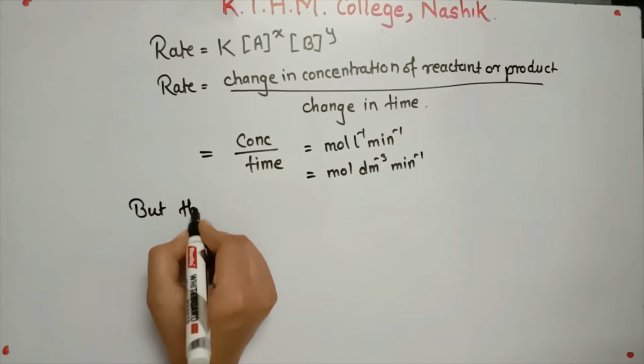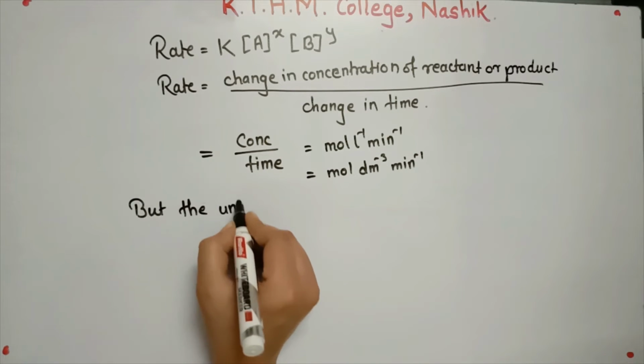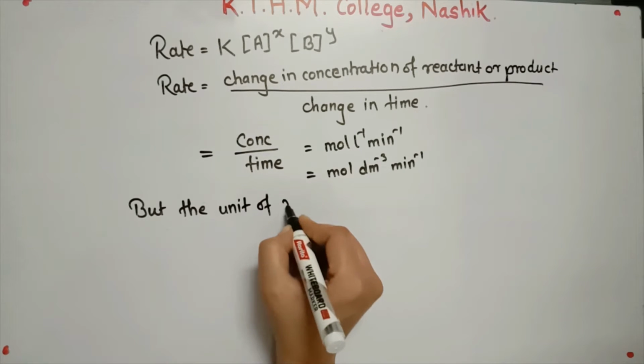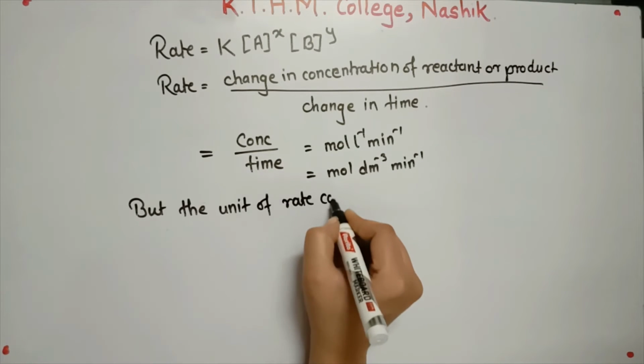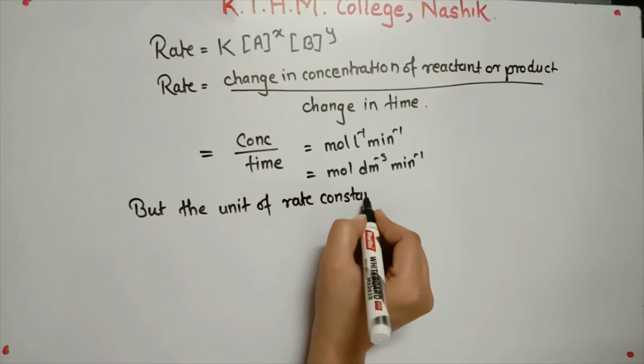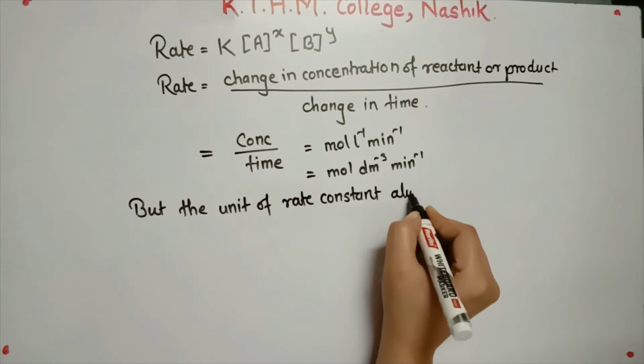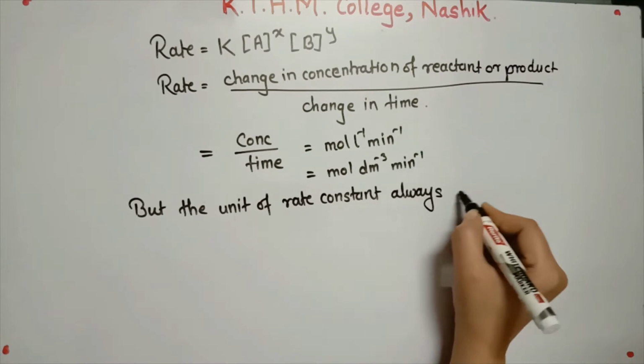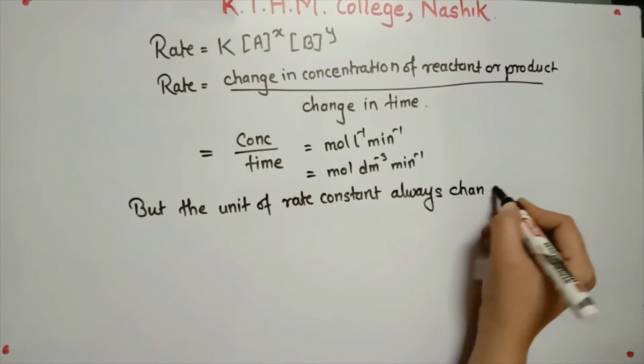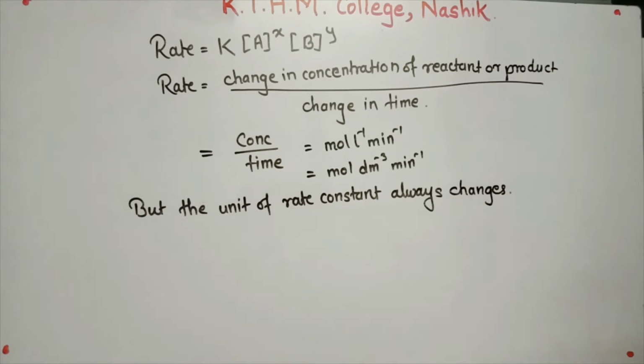But the unit of rate constant always changes. Okay, it always changes for each and every order of the reaction.